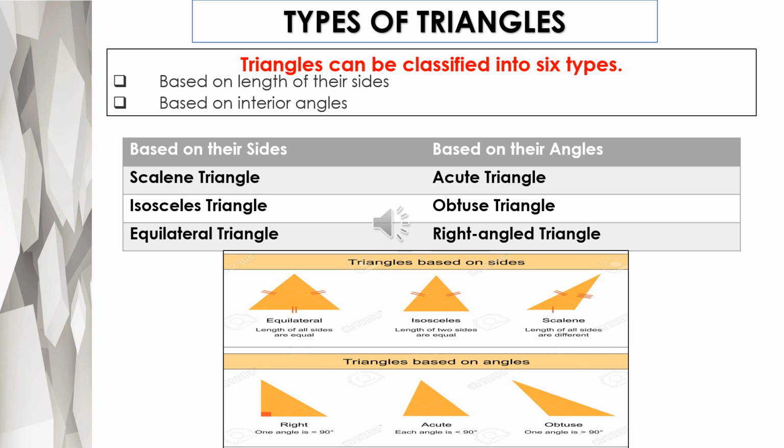And the ones based on their angles are acute triangle, obtuse triangle and right angled triangle. Okay? Now let us understand each one better.